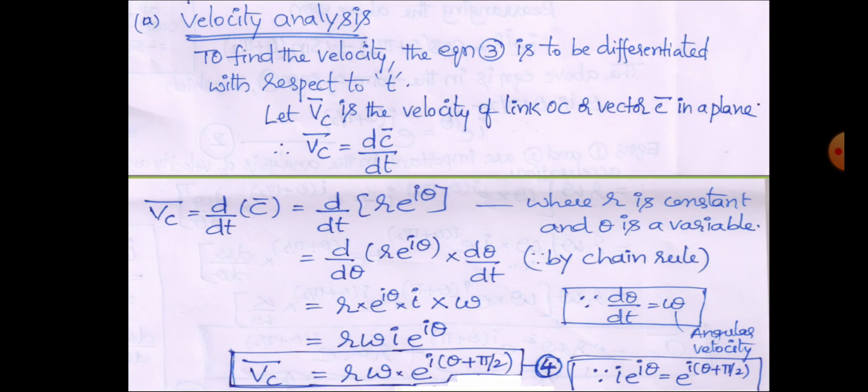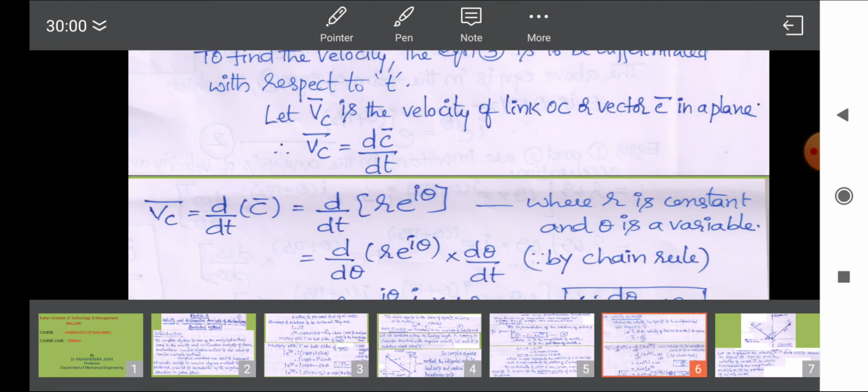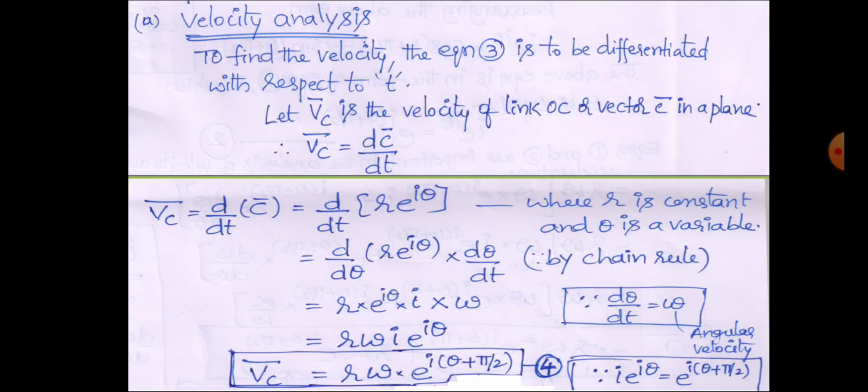Now, differentiating r e power I theta with respect to theta: r is constant, so bring it outside, and I only differentiate e power I theta. The derivative is e power I theta into d by d theta of the power I theta, which is I, because d by d theta of theta is 1.